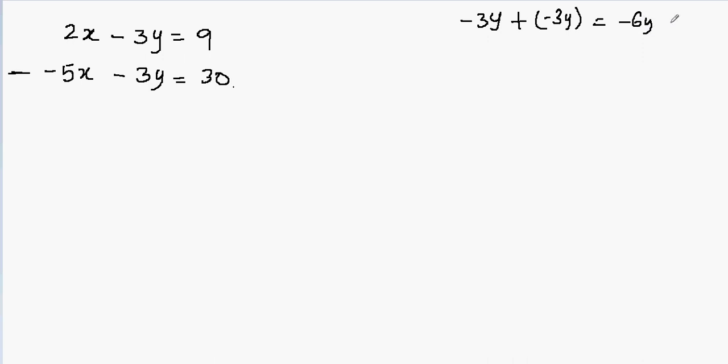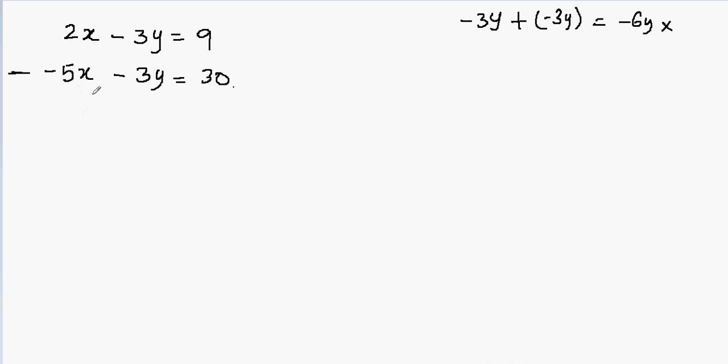So you will not be able to get rid of the variable. That's how you have to think: if addition is not working here, then obviously subtraction will work.